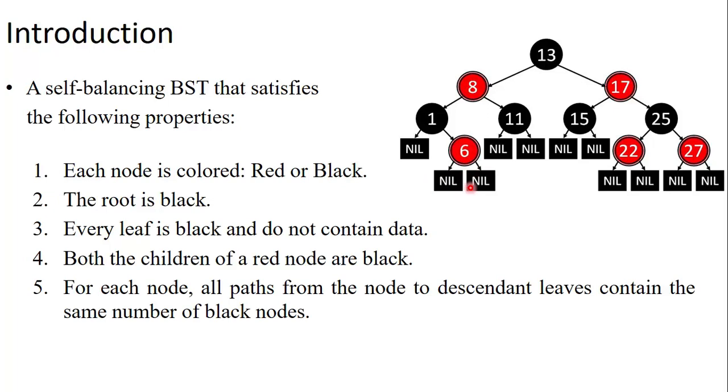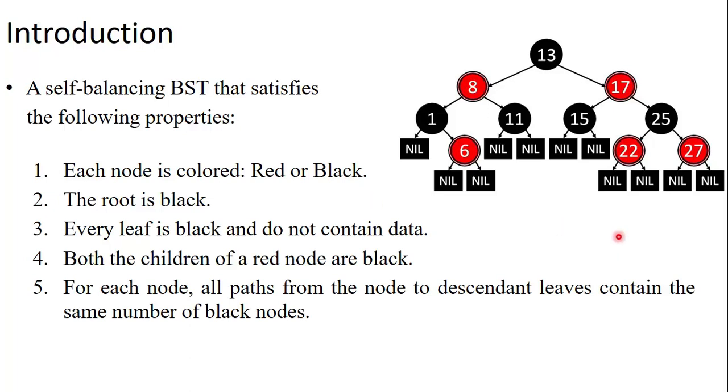Similarly on right hand side it is having one black node. For 11, again it is having one black node on the left, one black node on the right. For 13, we can say it is having two black nodes on the left and two black nodes on its right. So this finishes the properties.